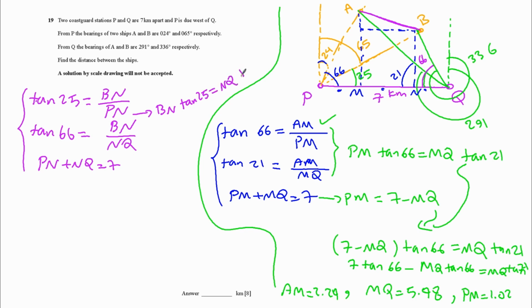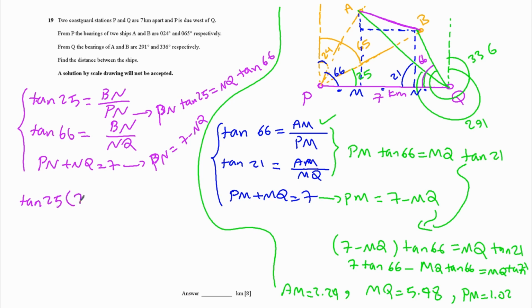And then from here, I can write Pn, so sorry, it's a P in here, so yes, Pn equals 7 minus Nq. I'm going to replace that into that equation. So my simplified equation would be tan of 25 times (7 minus Nq) equals Nq tan 66.